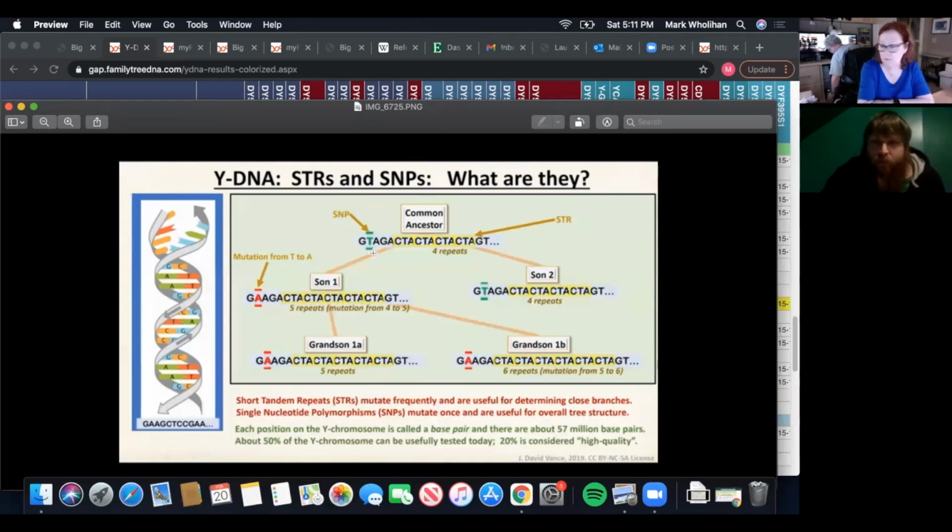So what the SNP is: they have a reference, like 13 men that they used as a reference.